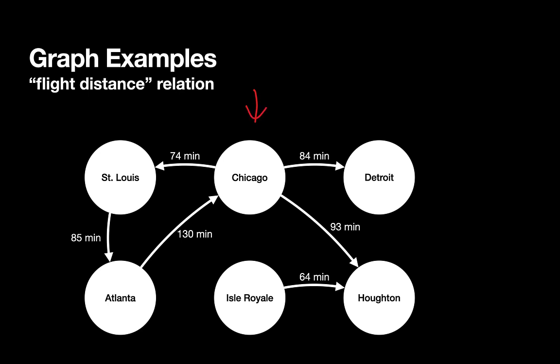Chicago has a total of 4 different arcs touching it. So the out degree would be the number of outgoing arcs, and it looks like there are 3 different flights that leave Chicago. And the in degree would be the number of incoming arcs, so a total of 1 incoming. Notice that those sum up to be the total number of arcs connected to Chicago.